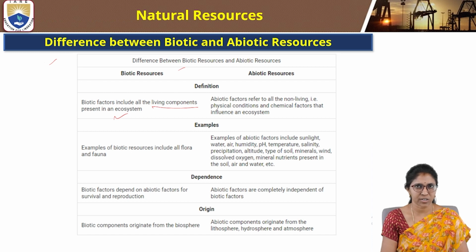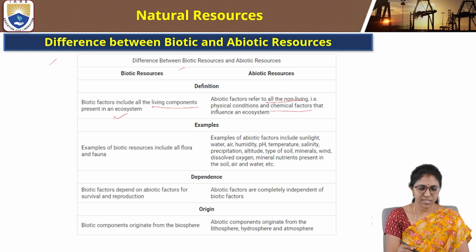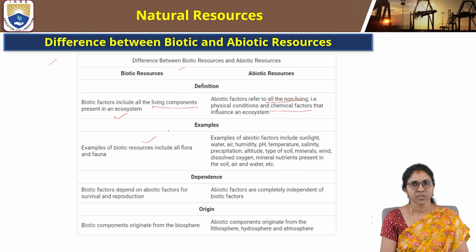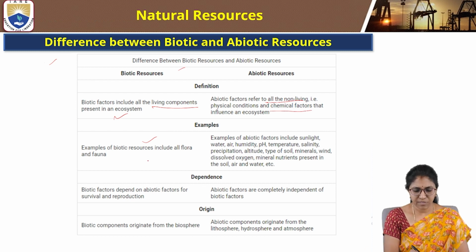These come under biotic resources. Abiotic factors refer to all the non-living physical conditions and chemical factors that influence an ecosystem. Examples of biotic resources include all flora and fauna. All living things come under biotic resources.